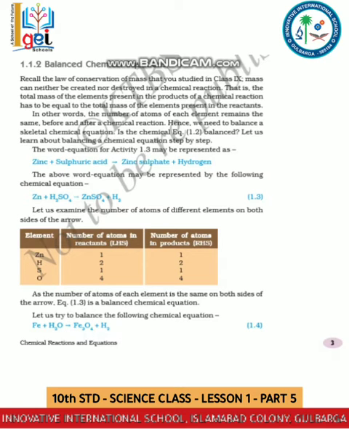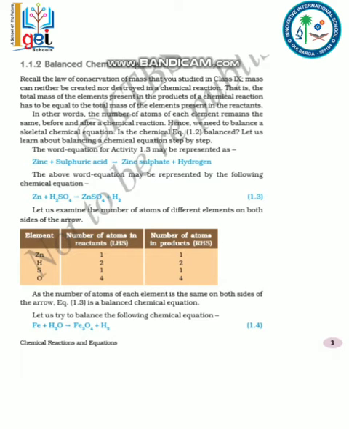So in every reaction, in every element, you will have a number of atoms and number of molecules. The number of atoms present in that element indicates the mass of that element. First you need to be aware that in any chemical reaction, the number of atoms present in the reactants should and must be equal to the number of atoms present in the products.